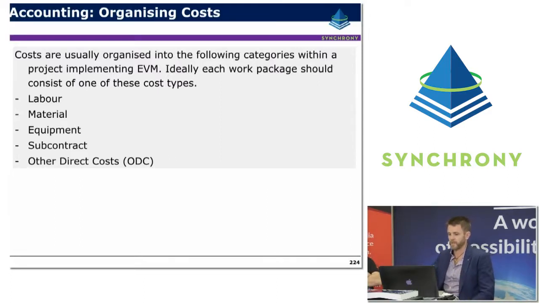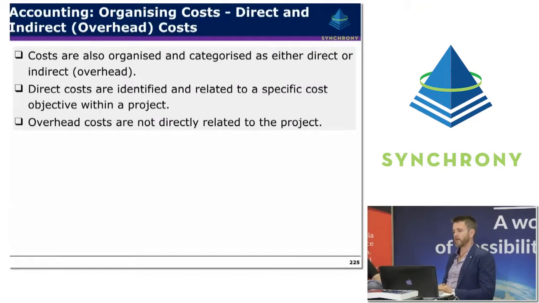Costs are also organised and categorised as either direct or indirect or overhead. Direct costs, by the traditional definition, are identified and related to a specific cost objective within a project. So in earned value management, the relationship we draw from that is that they're related to a specific control account.